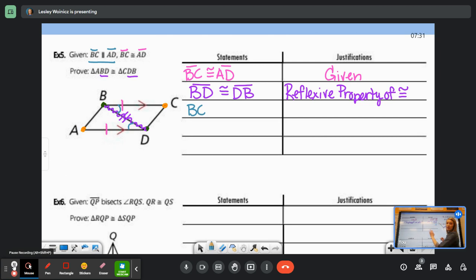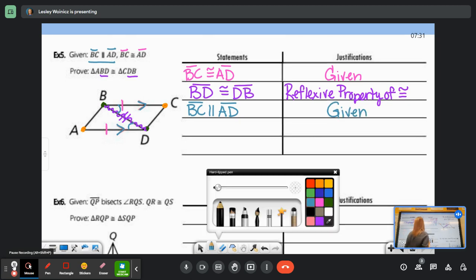I meant parallel. BC is parallel to AD. Not congruent, they're parallel. Those are parallel marks. And that was given.